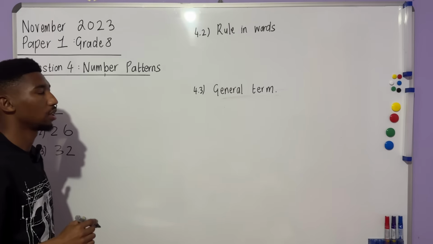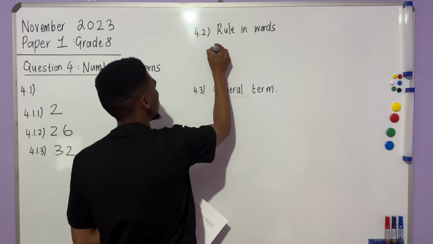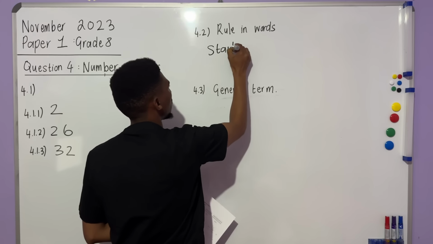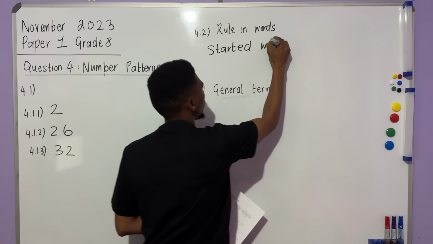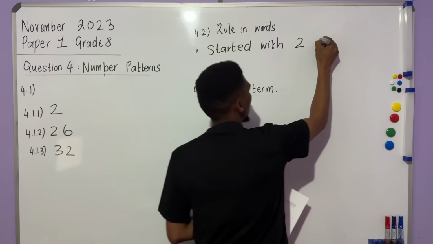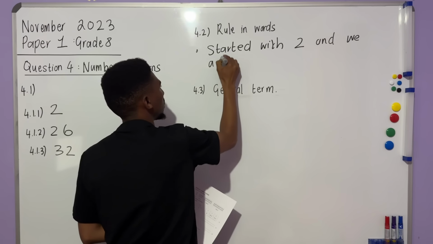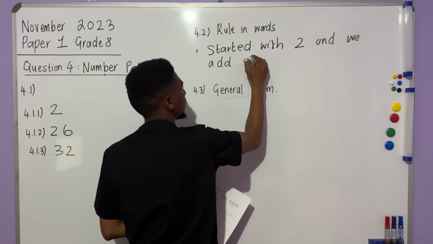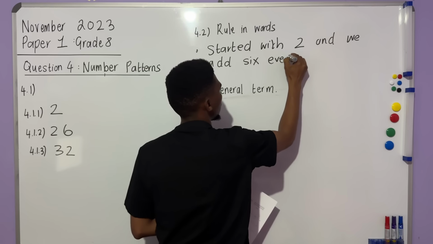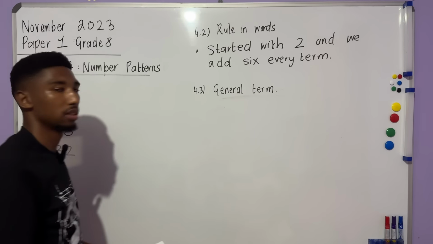Then we have to write the rule in words. If you look at term 1, we started with 2, and we add 6 every term, and that is it.